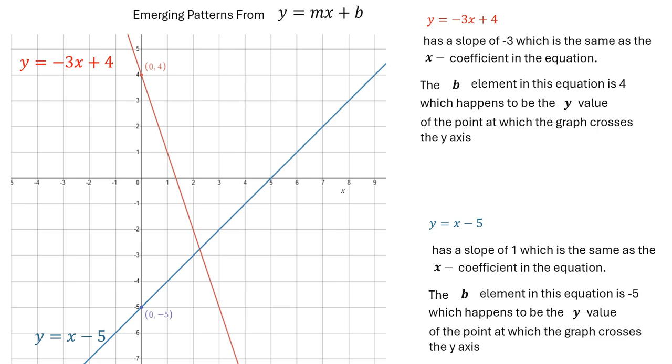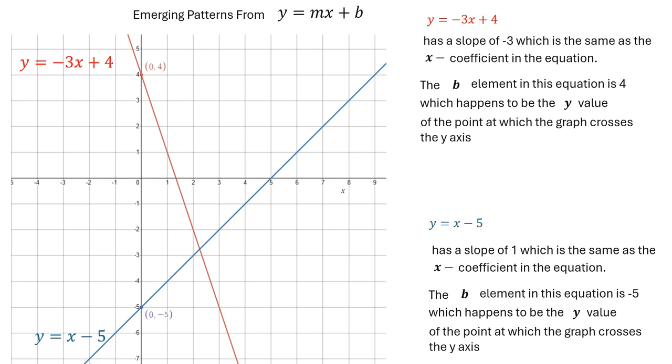Our b value of the equation is 4. The graph crosses the y-axis at 4, or we could say the y-intercept is 4.